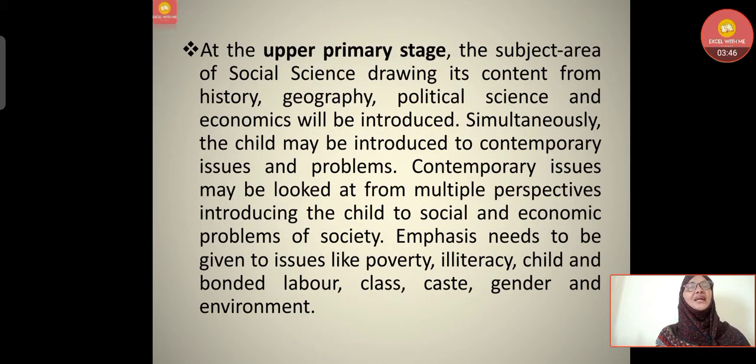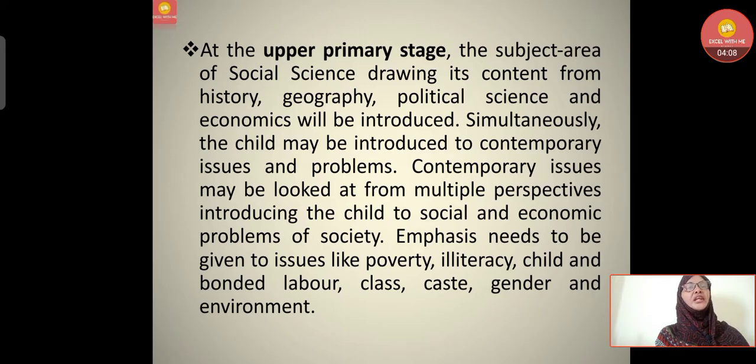Now let's understand the upper primary stage. The subject area of social science, drawing its content from history, geography, political science and economics, will be introduced. From 6th class onwards, these different disciplines in social sciences will be introduced to them. Simultaneously, the child may be introduced to contemporary issues and problems.